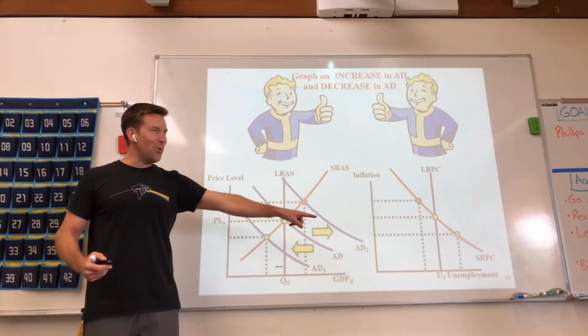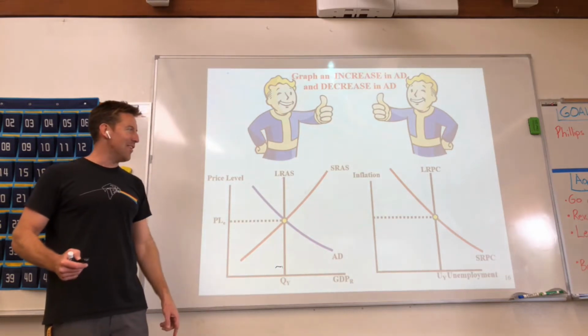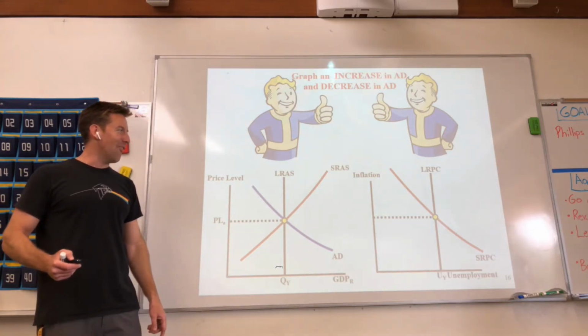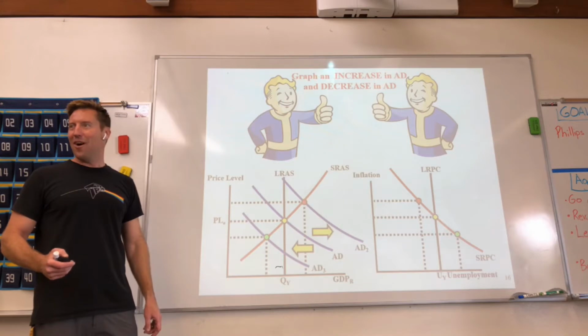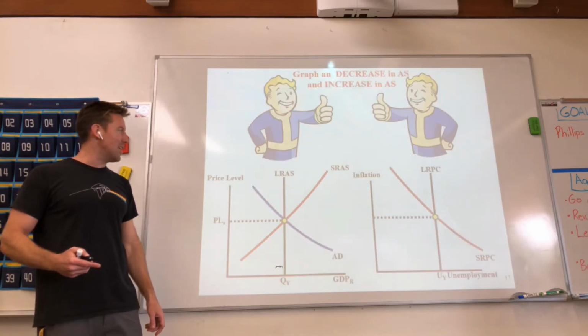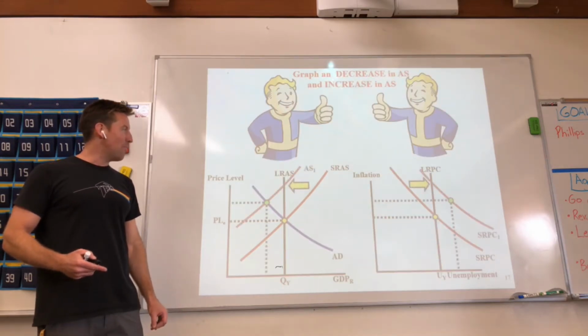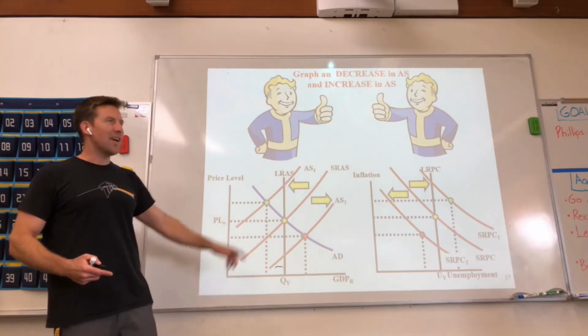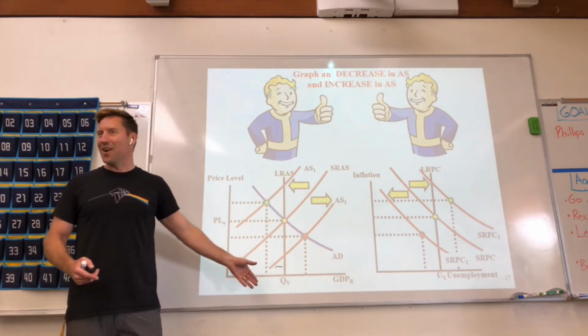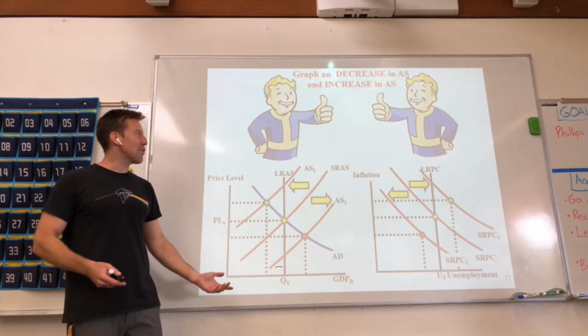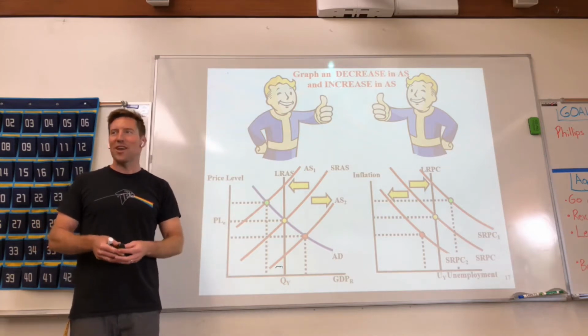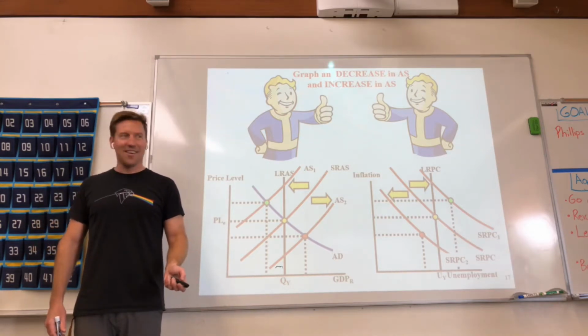Let's get aggregate supply in here. See how it's a mirror image? Are you guys into this? But you're like, Mr. Owen, there's got to be one more thing we haven't talked about yet.